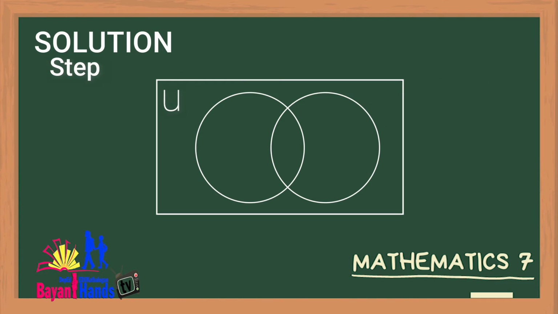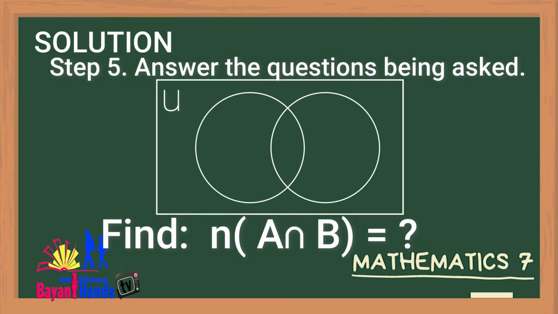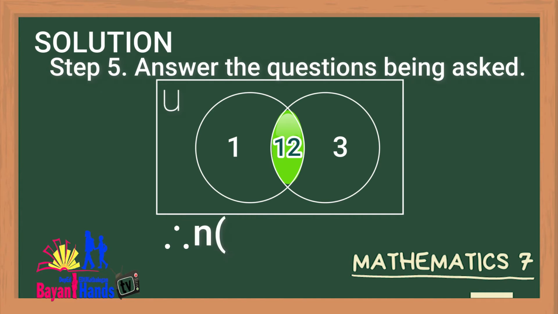Now, it's time to answer the question. Find the cardinality of A intersection B. As illustrated, A intersection B is just the middle section or section 2 which is equal to 12. Therefore, the cardinality of A intersection B is 12.